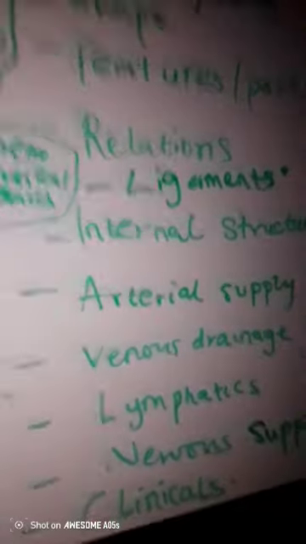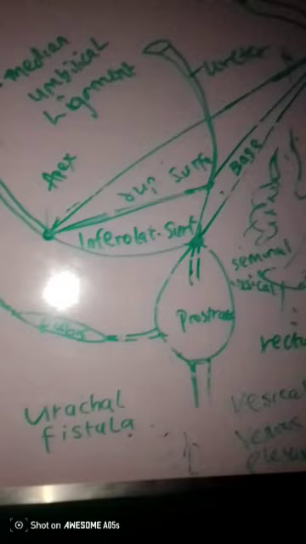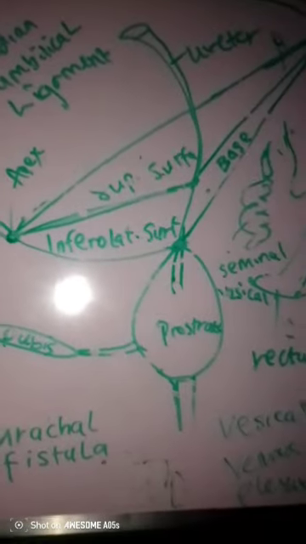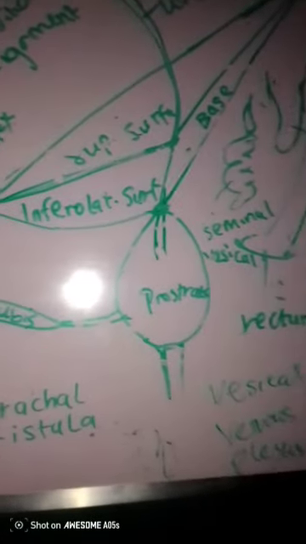Arterial supply. The bladder is supplied by arteries near it. We have the superior vesical artery and inferior vesical artery. In females, we also have the vaginal artery and the uterine arteries, and then we also have minor arteries like the gluteal arteries and the obturator arteries.